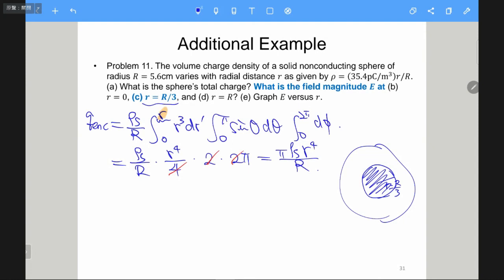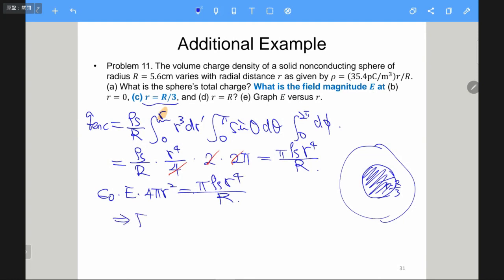And then we can apply Gauss's law, which is epsilon naught times E times 4 pi R squared equals pi rho S R to the 4th power over capital R. So part of the R will be cancelled.